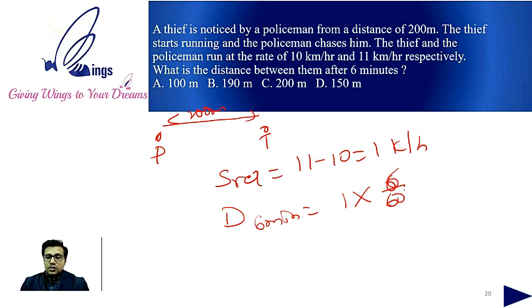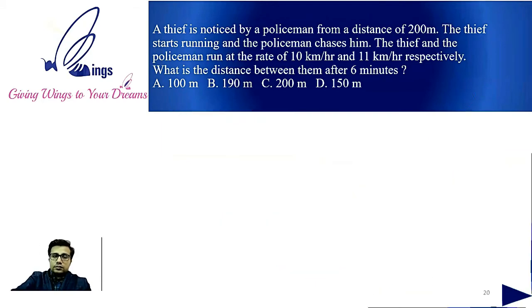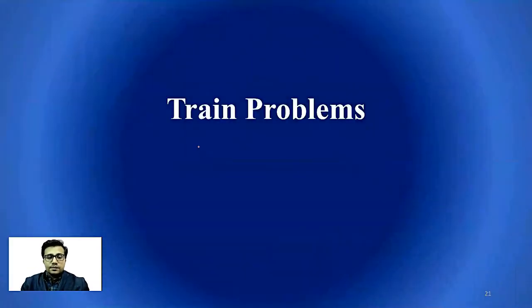So I converted that into hours. 6 by 60 is 1 by 10 kilometer or 100 meters. So 100 meters the police has already traveled as compared to the thief. So the distance between them at that time is now 200 minus 100, that is 100 meters. Let's move on to the next one.